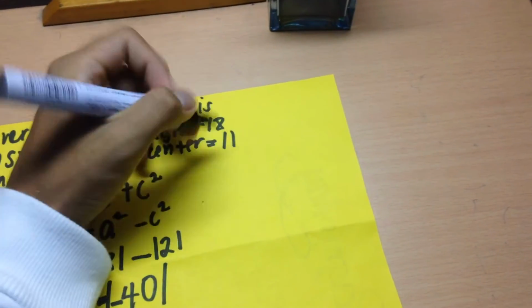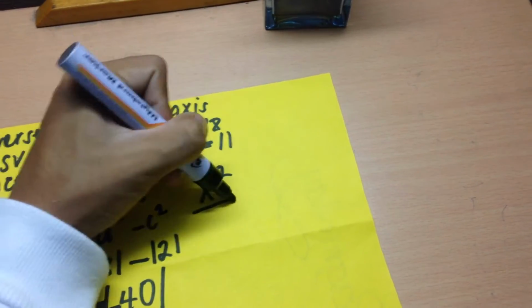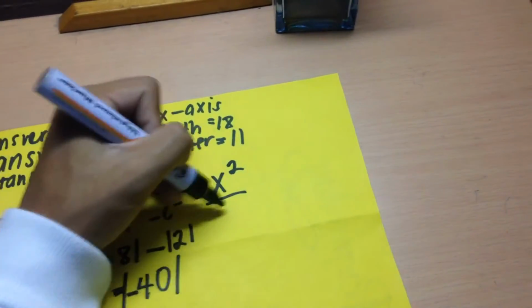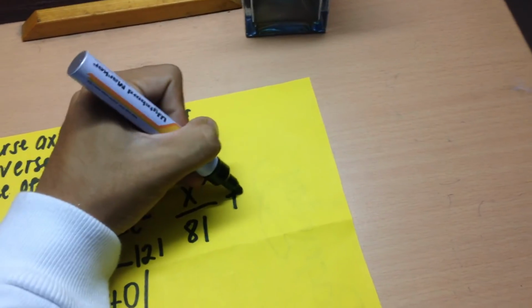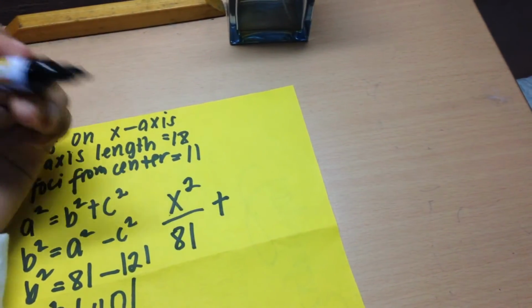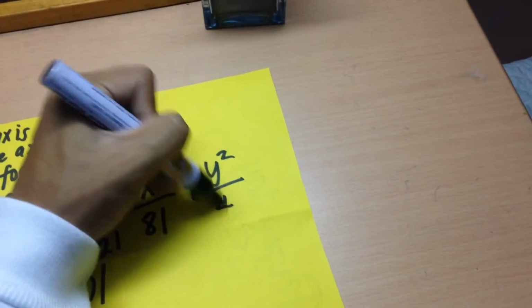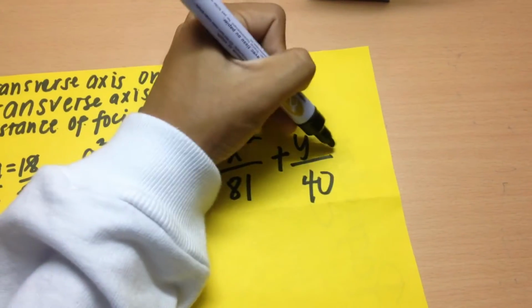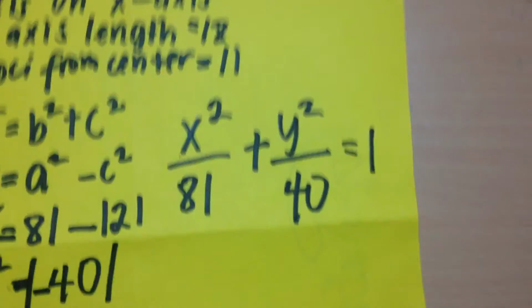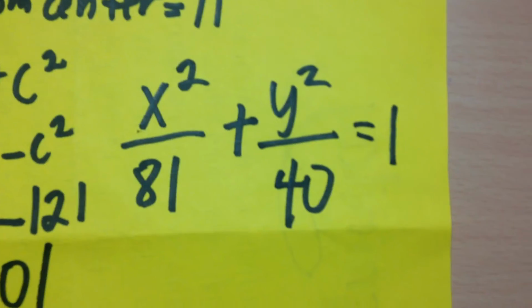So we'll be using x squared over a squared. a squared is 81, plus y squared over b squared. The value of b squared is 40, is equal to 1. That's the standard equation of the third example.